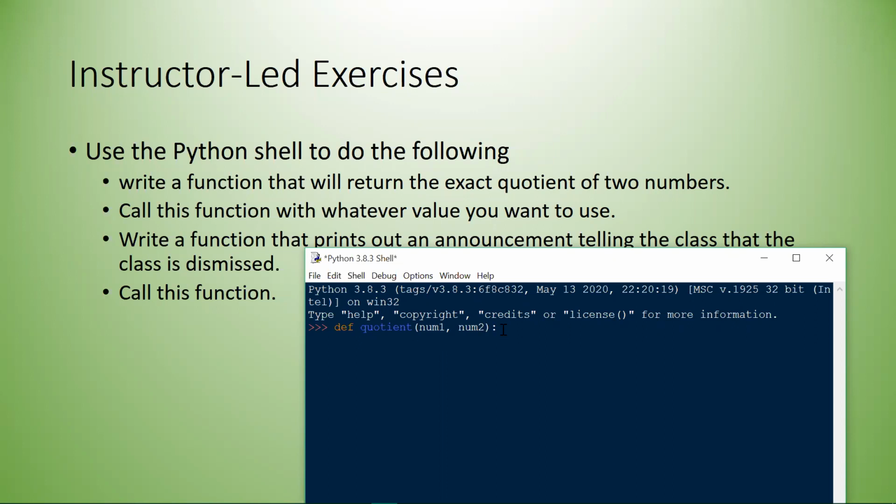And remember, this is indented, right? It must be indented. How do you calculate? I don't remember what I meant when I said exact quotient. Maybe I meant to be accurate with the decimal places. So how do we get the exact quotient of two numbers, everybody? How do you calculate the quotient?